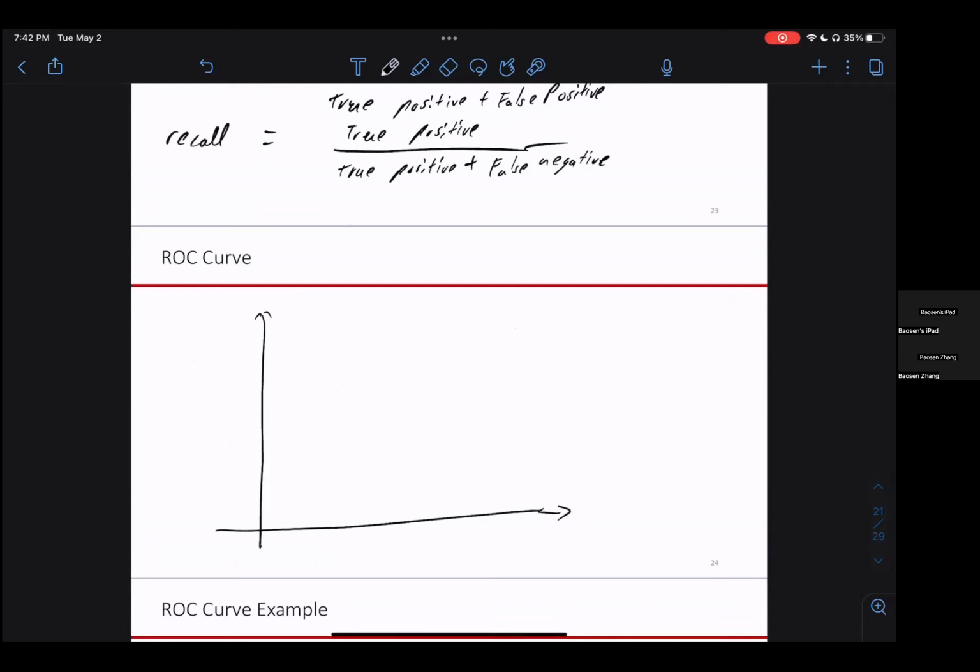Okay, so with ROC, when you have classification, you can always randomly guess whether it's a 0 or 1. You can just do a random guess. So if your data set is balanced, then the random guess is actually not so bad.